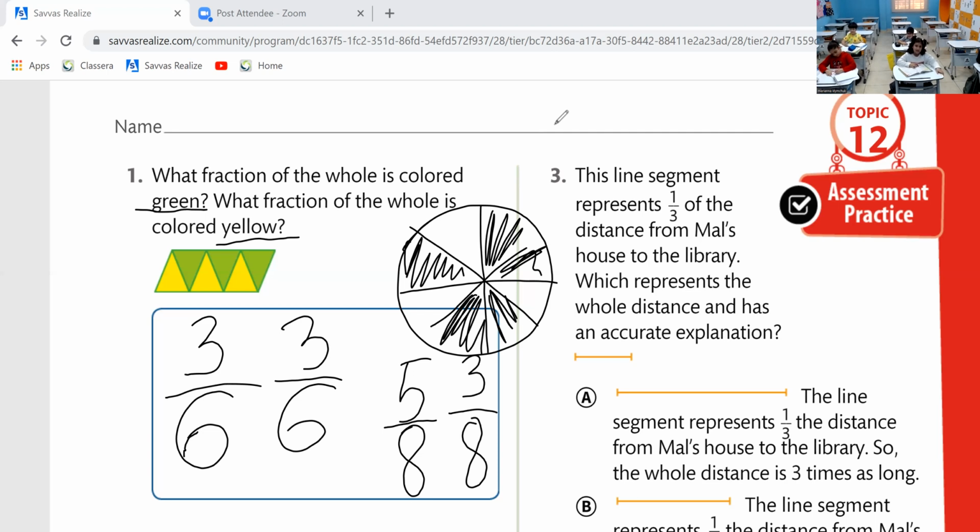The second, out of how many together? Mohammed, how many parts out of how many together? How many you take out of how many together? That's it. Ready with this? Yes.